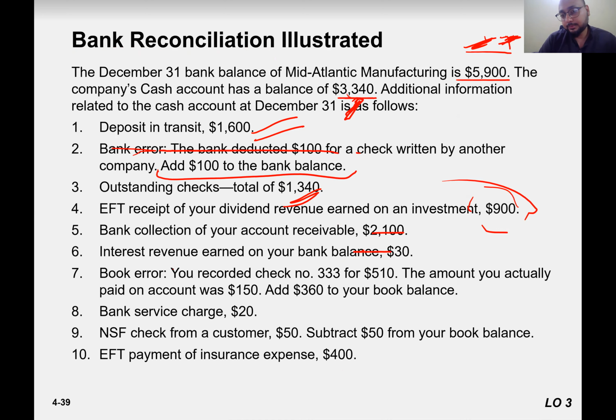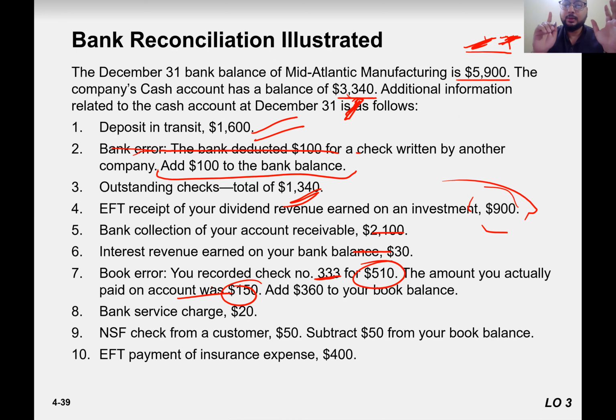Book error. The check number was 333. You wrote it down for 510, but the amount you actually paid on account was 150, right?